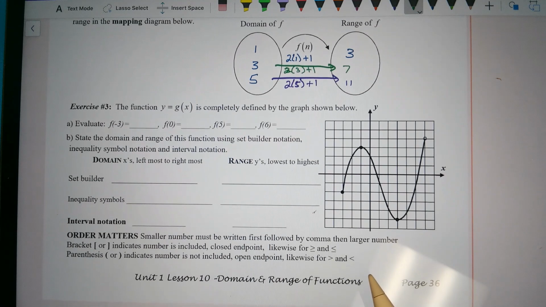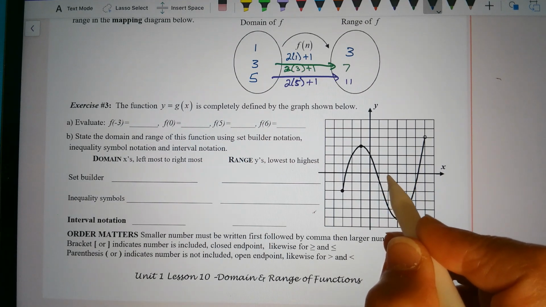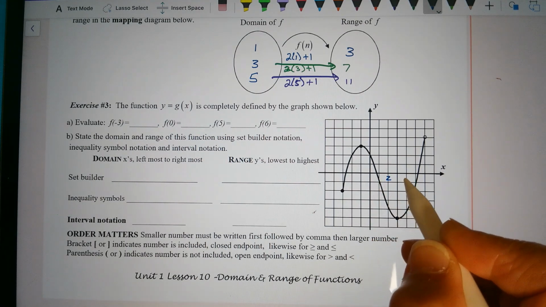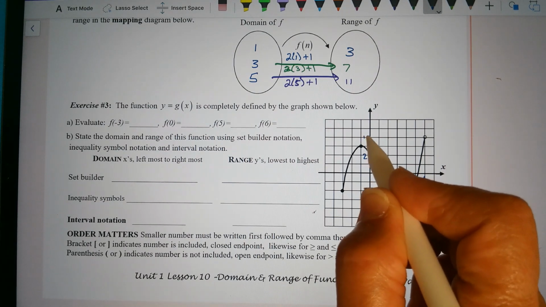Exercise 3. The function y equals g of x is completely defined by the graph shown below. Evaluate f of negative 3. And again, I just want to put in a few numbers here. There's no scale, so we're going by ones.